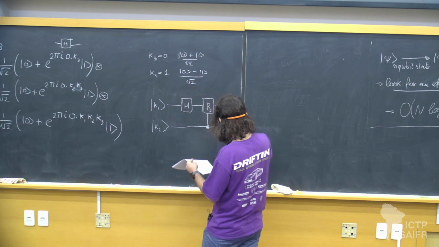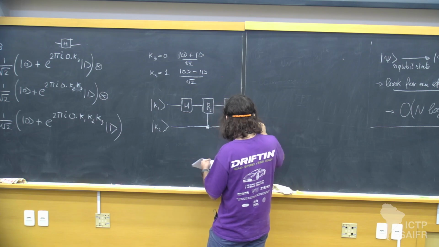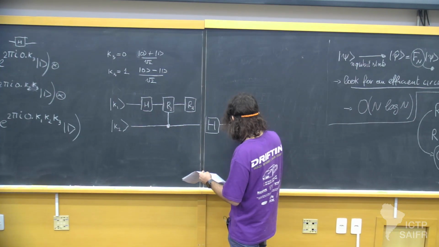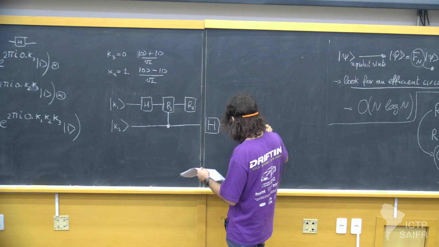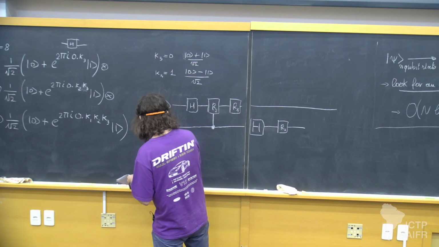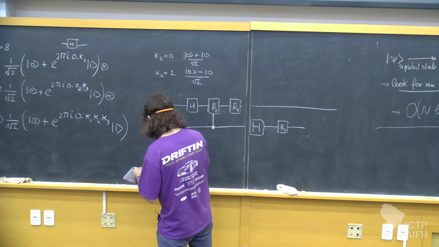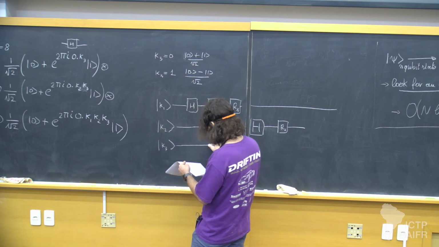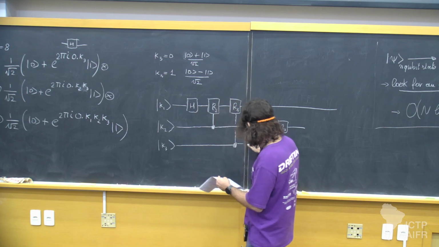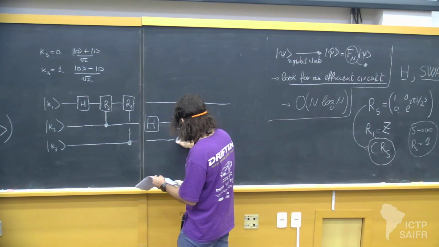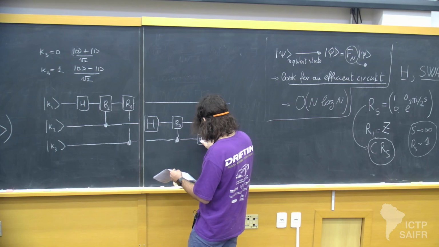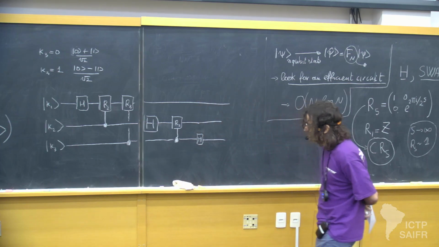Then here we put our H. And here we put the R2. And here we start. At this level, we apply the control, and we go here. At this level, we apply the control, and then we put our H. Now this is the circuit, almost.